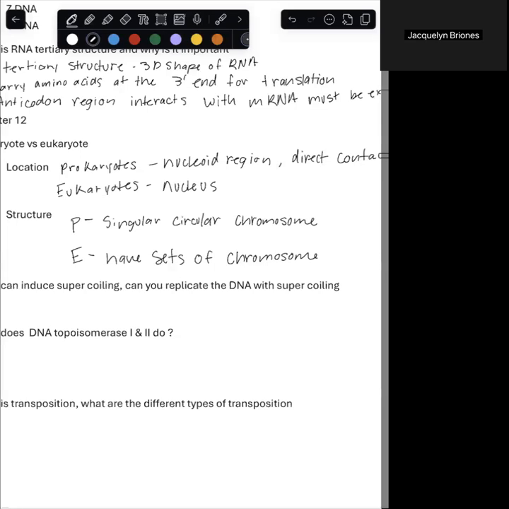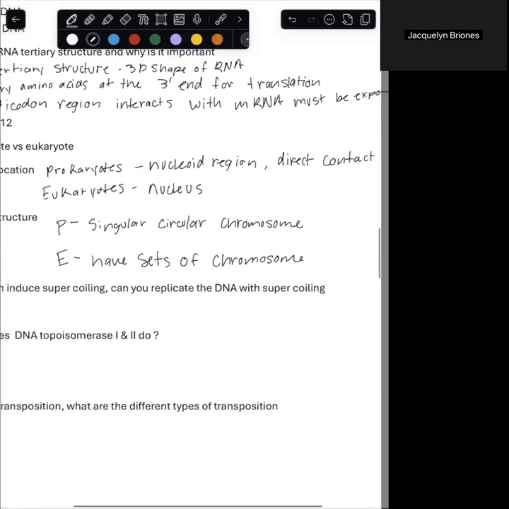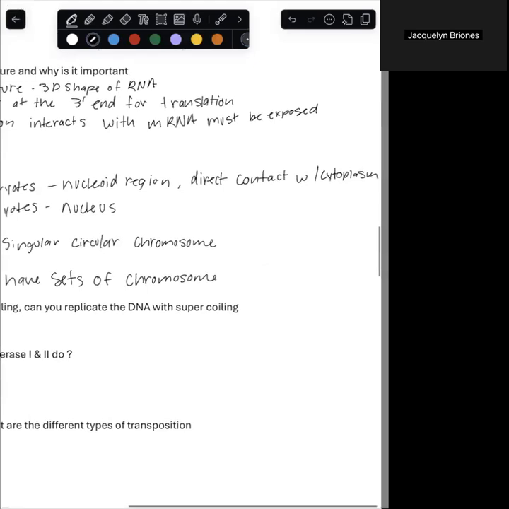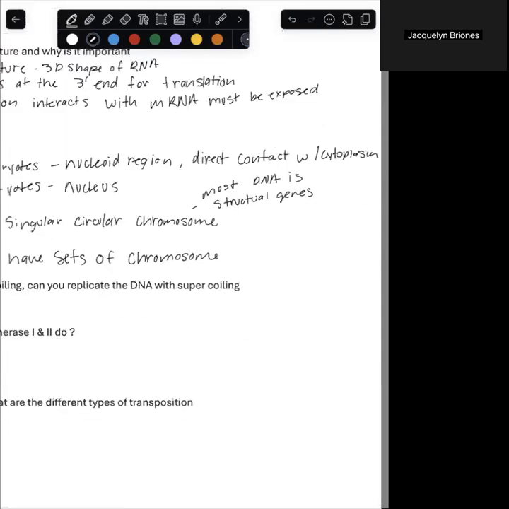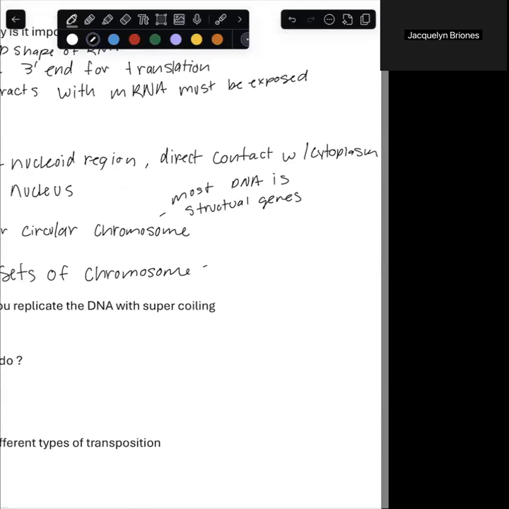And then in prokaryotes, protein encoding genes, structural genes account for a majority of their DNA versus, yeah. So a lot of their DNA is just structural genes. Oh, and we have multiple origins of replication.